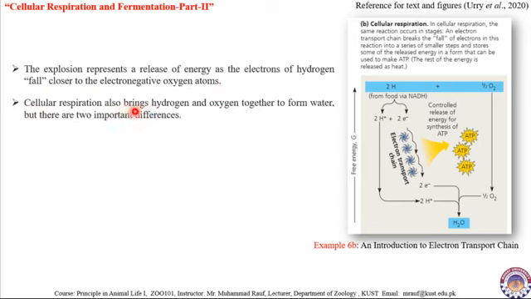Cellular respiration also brings hydrogen and oxygen together to form water. In the very last step of aerobic cellular respiration, this process occurs in the electron transport chain. But there are two important differences.